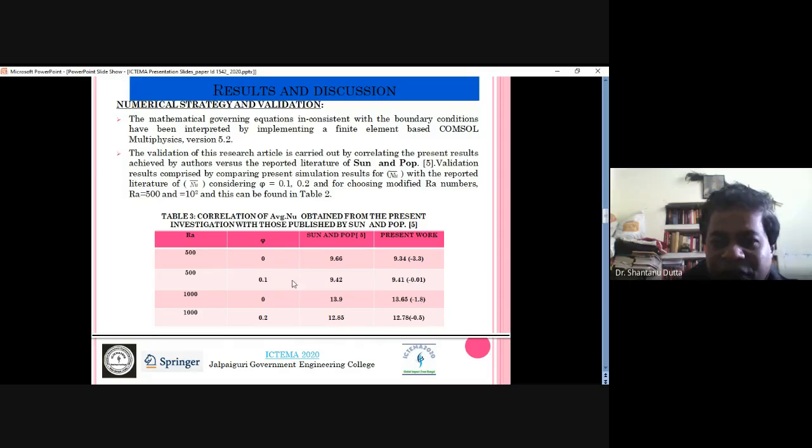Even for the other values, for Ra number 1000, you can see that as the volume fraction increases, the accuracy is even better, less than 2%. As per the literature survey, if the validation is within 5% in any standard international journal, as you already know, it is always accepted.